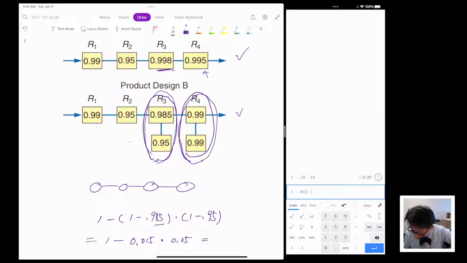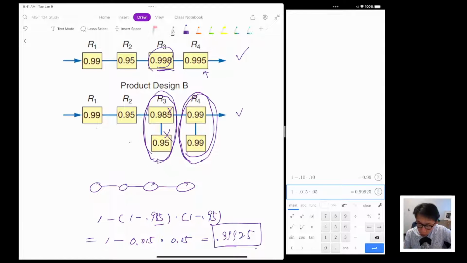Again, I want you to know more than just how to punch numbers. So what's the meaning of 0.015 times 0.05? This is the probability that both are not working. This is not working, this is not working, and that's the probability we're looking at. So we're getting 0.99925, which is much higher than this.